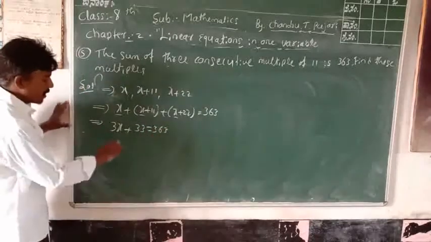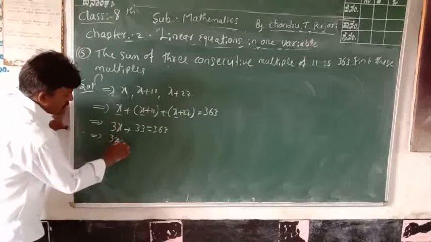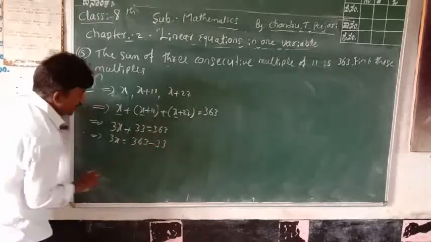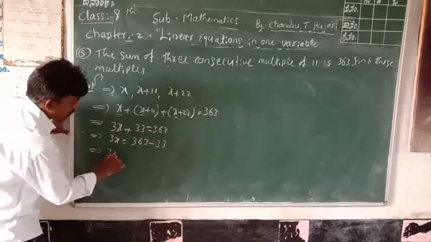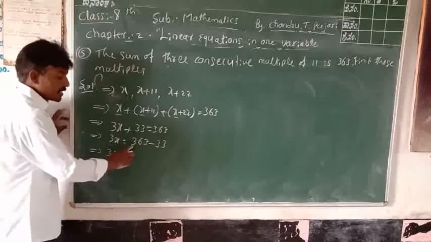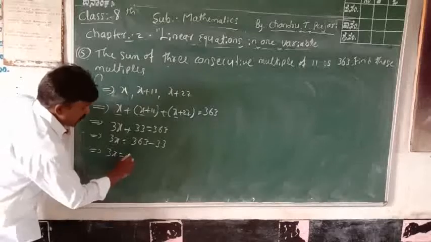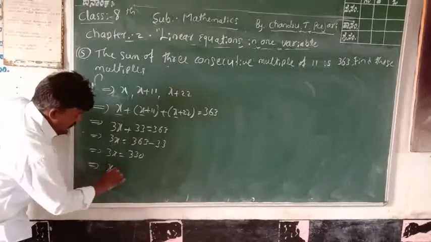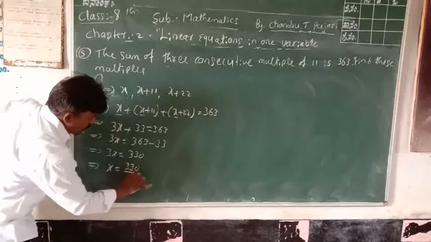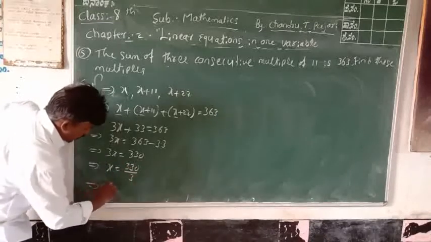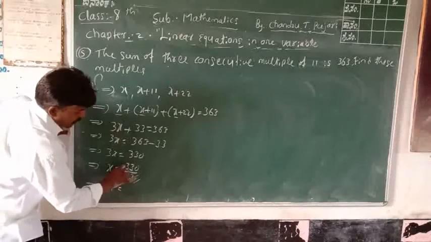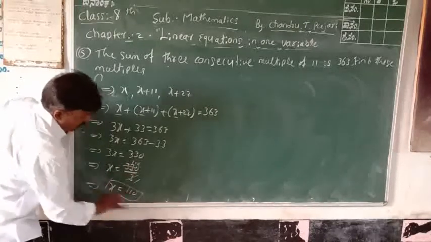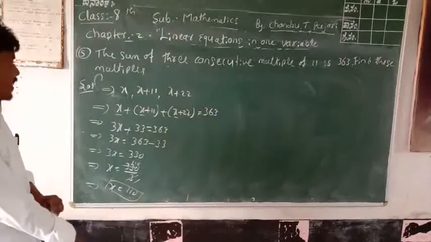Therefore, 3x is equal to 363 minus 33, which is 330. Therefore, x is equal to 330 divided by 3, so the x value is 110.